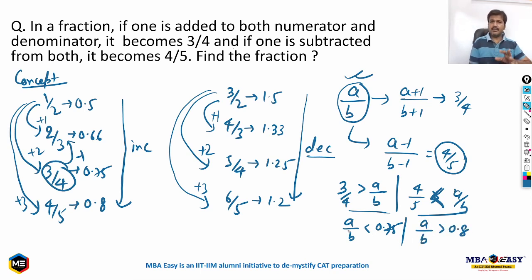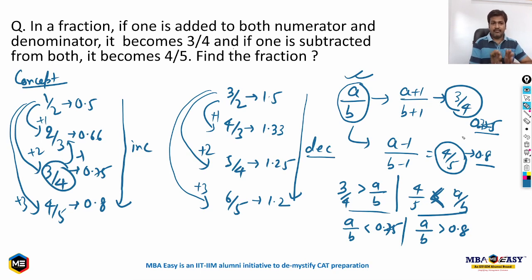So how can a by b be simultaneously both less than 0.75 and greater than 0.8? ये वैल्यू बड़ी होनी चाहिए a by b से, ये वैल्यू छोटी होनी चाहिए a by b से, जबकि ये वैल्यू छोटी 0.75 है और ये वैल्यू 0.8, यही बड़ा हो जा रहा है, यही छोटा हो जा रहा है। तो इसका मतलब है कि ऐसा कोई फ्रैक्शन एग्जिस्ट नहीं करेगा। So there is an anticlimax to this question here. The correct answer is that there is no such fraction.